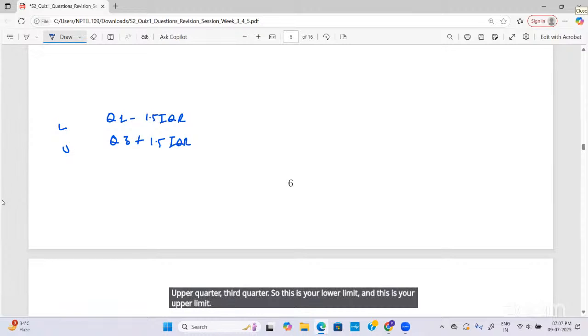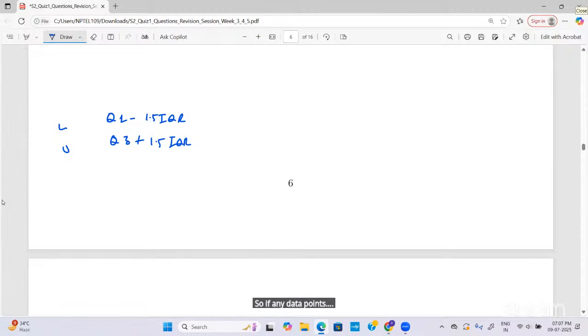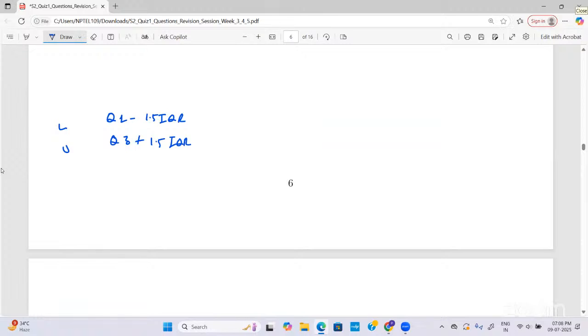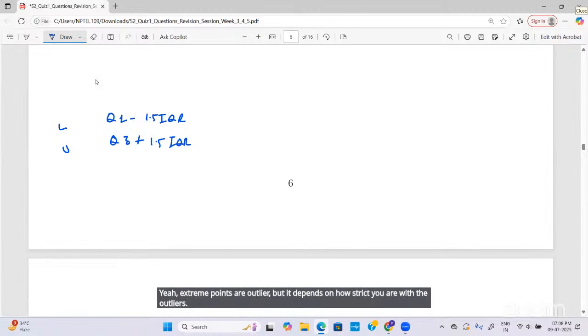Ma'am, I had not seen any question regarding this in PYQs. Generally for outliers, we basically see the extreme points. So when to use this formula for checking? Yes, extreme points are outliers, but it depends on how strict you are with the outliers you are considering.